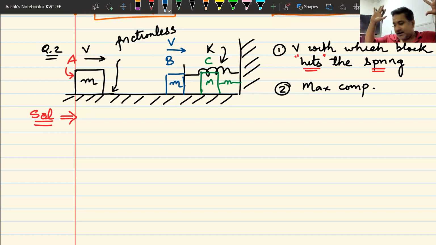Do we understand this? Can I have some raised hands? There is no force acting on the block. The only forces are gravitational force downwards and normal reaction upwards. No force in the parallel direction, no friction. The block's velocity will remain constant.